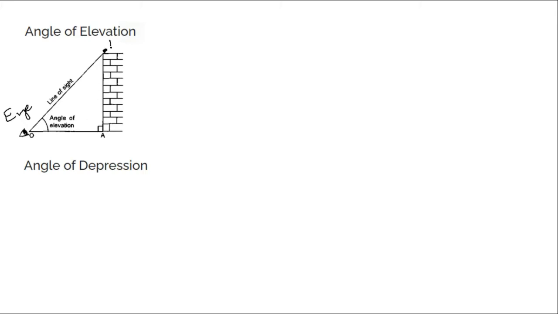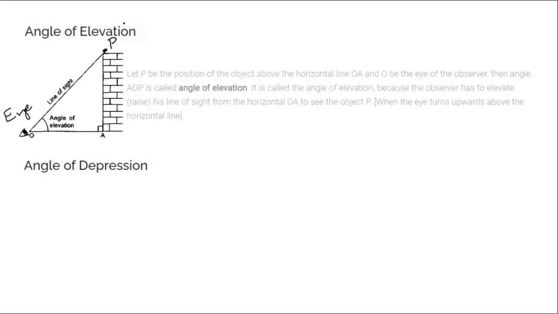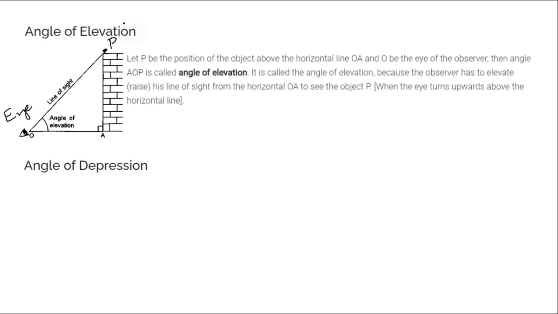If I name this point as P, the position of the object, let P be the position of the object above the horizontal line OA, and O the eye of the observer. The angle formed, AOP, is called the angle of elevation.